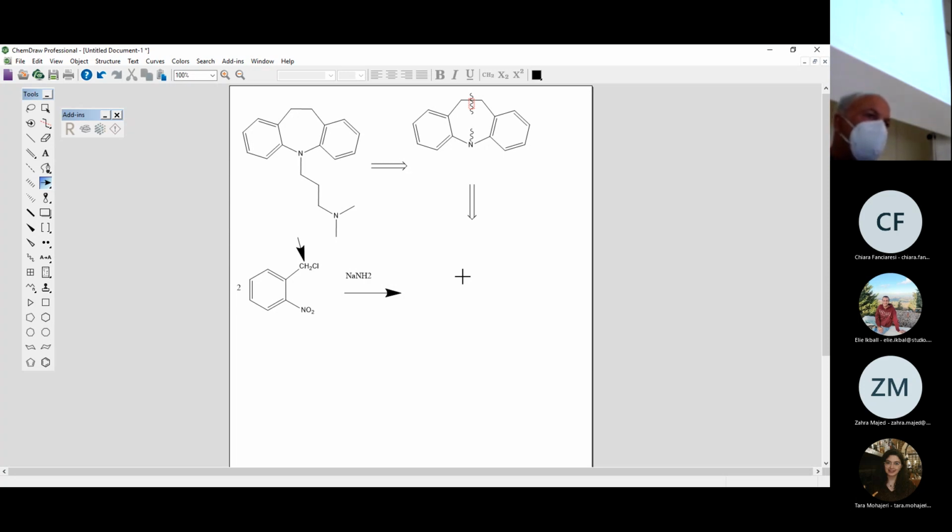Because the negative charge of the conjugated base is shared on the aromatic ring, and so in presence of a strong base we can have the formation of this species. This one.